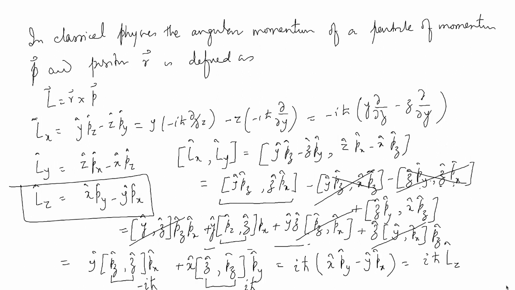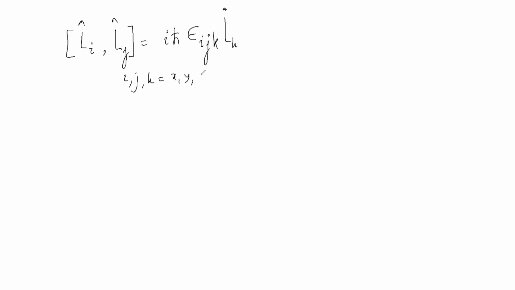Okay. Now you see, similarly, we can write LY LZ and LZ LX. Instead of writing it individually, we write it as Li Lj, which is equal to i h cross epsilon IJK Lk. Here IJK stands for XYZ or 1, 2, 3.